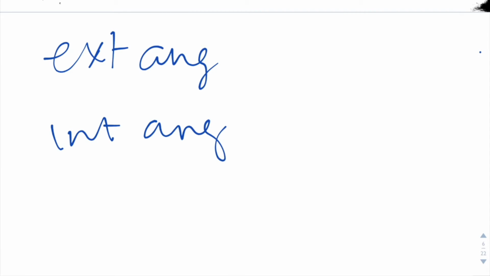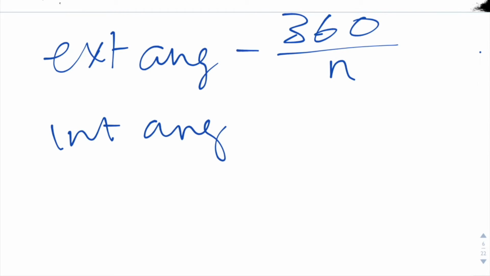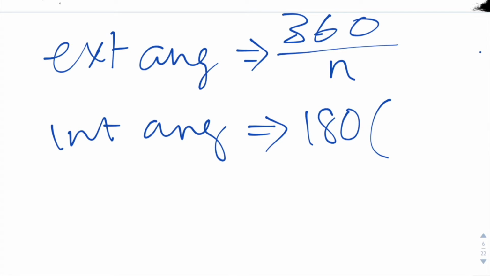For an exterior angle, we know that all the exterior angles of a polygon sum to 360. So the size of one will be 360 divided by the number of sides of that polygon. For interior angles, they're given by the formula 180 all in brackets n minus 2, where n is the number of sides again of the regular polygon.